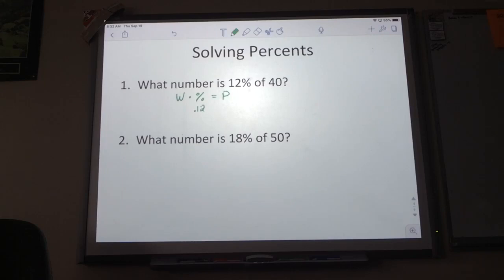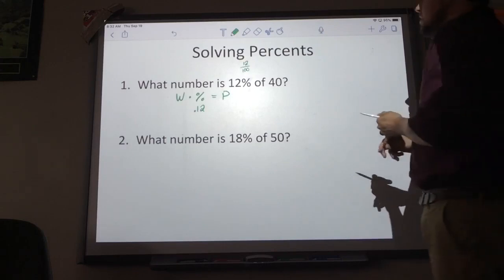The way that you change it to a decimal is you move that decimal 2 to the left. If you have a calculator, the other way is to just divide it. So get your calculator and divide 12 by 100. That'll tell you what your percent will change to. It'll say 0.12.